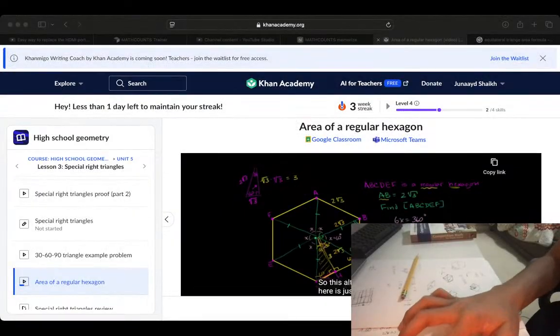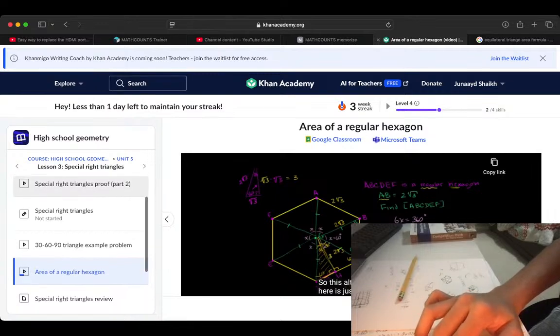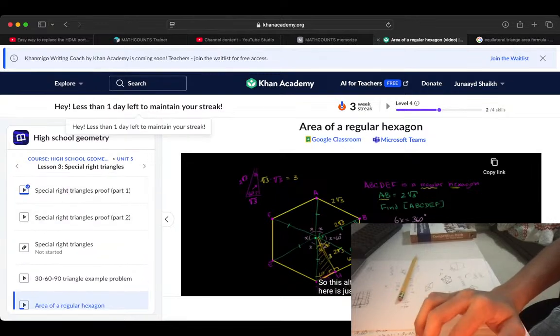I have learned the ways of the master Sal Khan, and now I have less than 1 day left to maintain my streak.